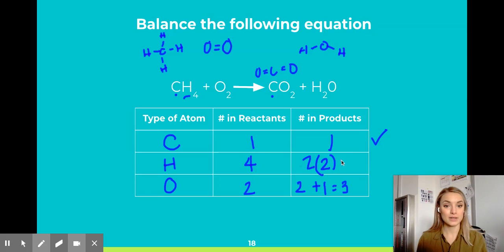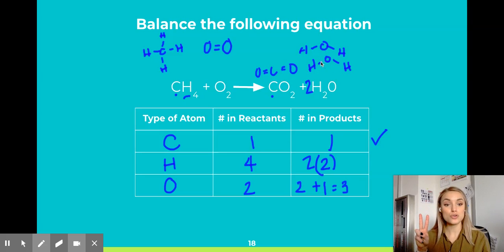So when I multiply that by 2, in order to do that, what I have to do is add a coefficient of 2. When I add a coefficient, it means I'm making more of that molecule. I'm producing more of that molecule, I should say. So now, when I say 2H2O, this is what I mean.